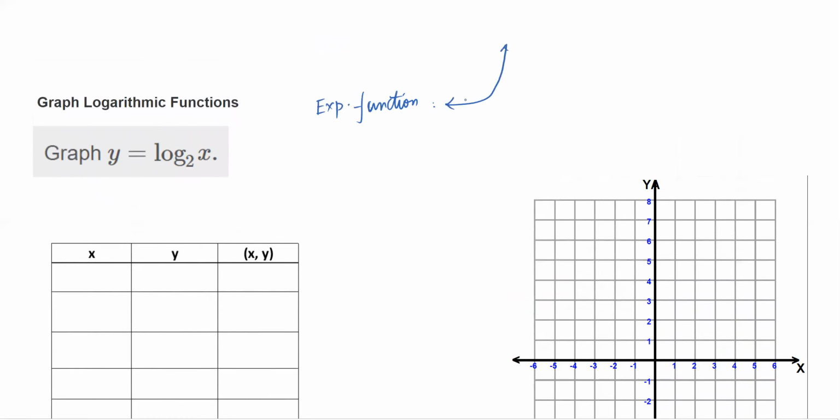Now, when it comes to logarithmic functions, we must understand that logarithmic functions are the opposites or the inverse of the exponential function, meaning they will undo each other. That's what we understood from the conversion above. That means it's the opposite of what is happening in exponential form, okay?